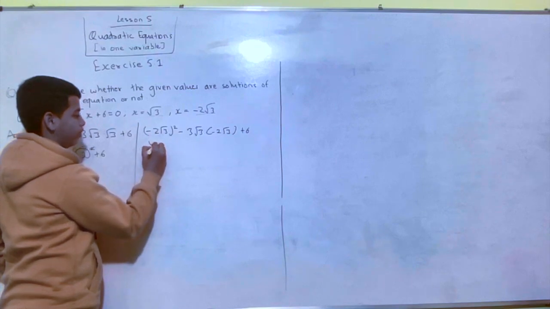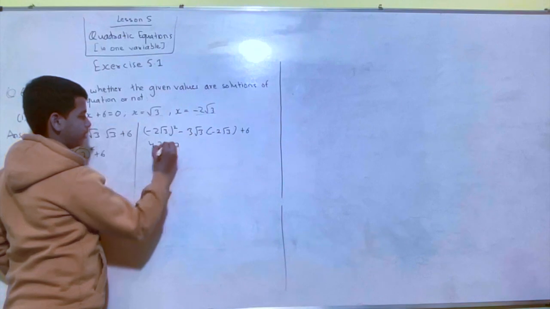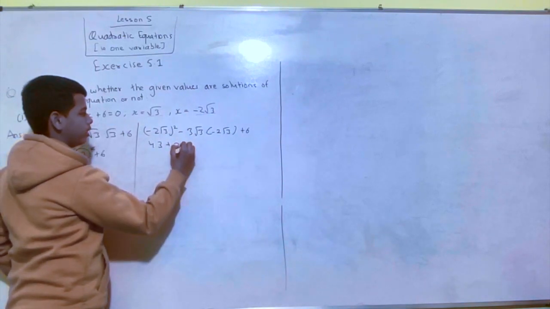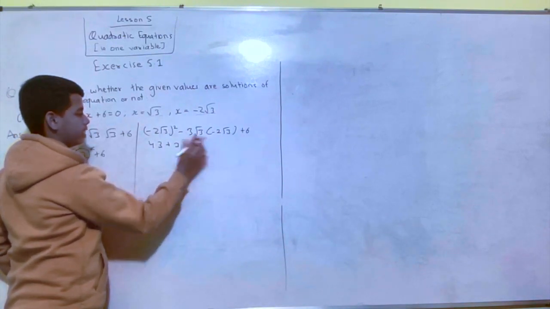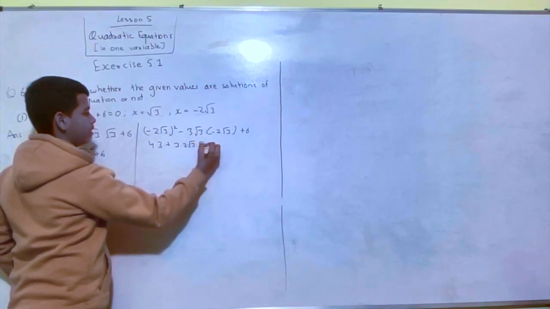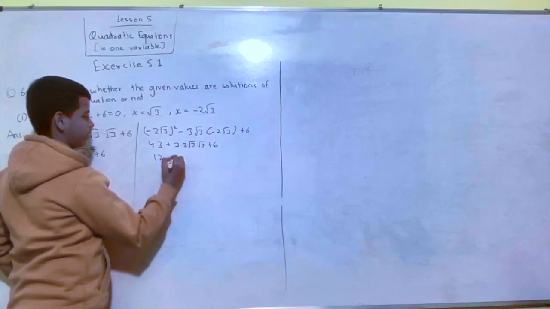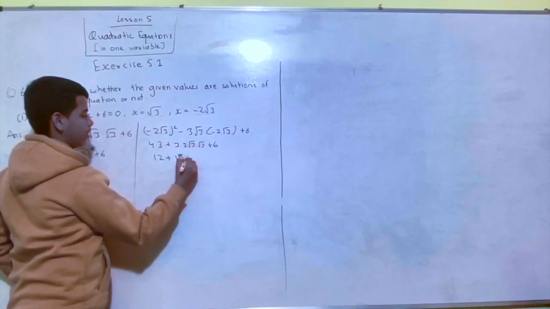I get 4 times 3 minus 3, and then minus and minus become plus. So plus 3 times 2 times root 3 times root 3 plus 6. So here 12 plus, 6 3s are 18, so plus 18 plus 6.